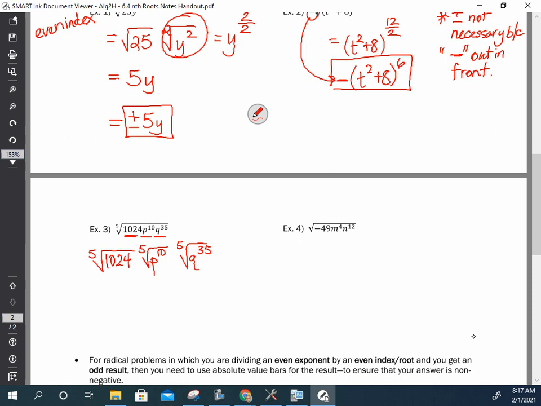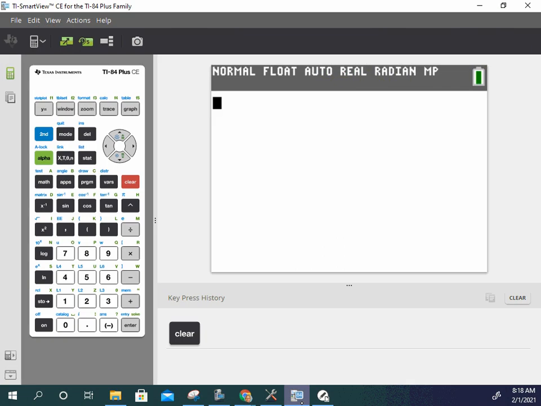So 5th root of 1024 means what to the 5th power is 1024. So we let our calculator do a little work. So here's my graphing calculator. So I'll take you through how to input this in the calculator. Since it's a 5th root, you're going to press the number 5 first because you want the 5th root.